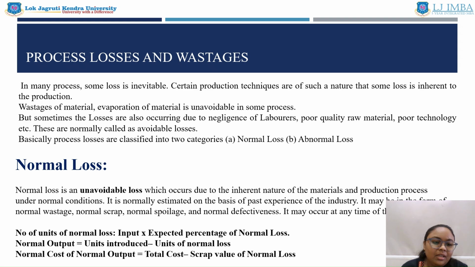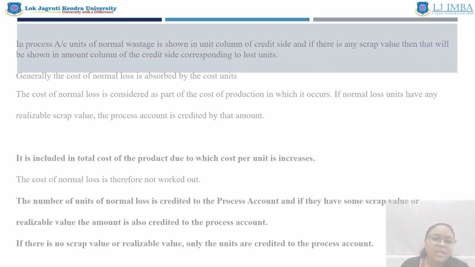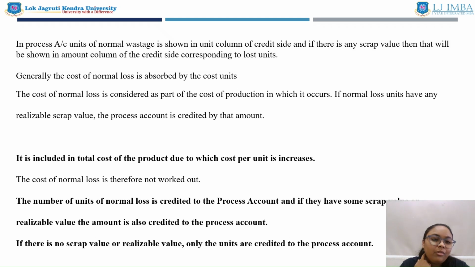Now further, this was about the normal loss. What are the effect and entries of normal loss in our process account? In the process account, units of normal wastage are shown in the unit column of the credit side, right?